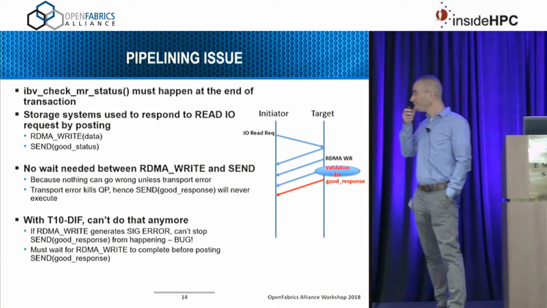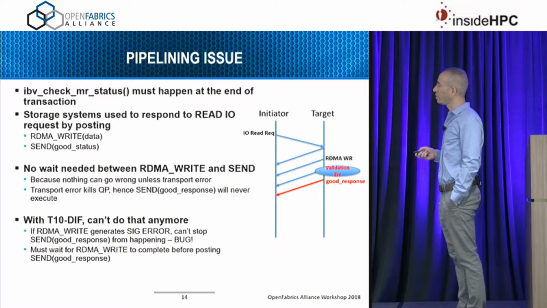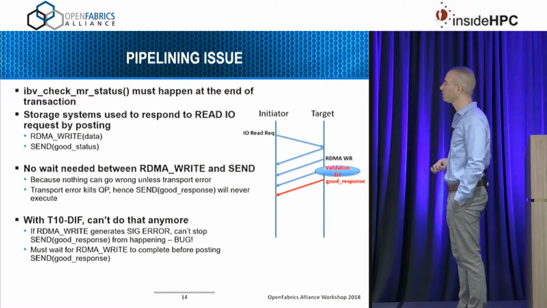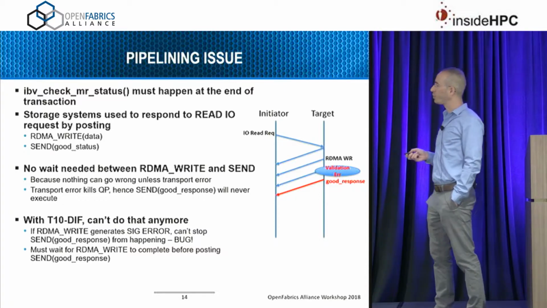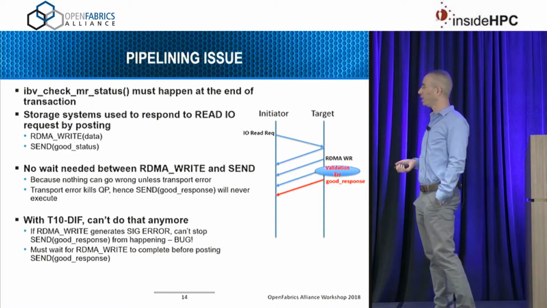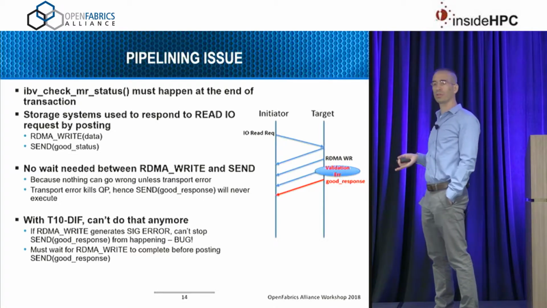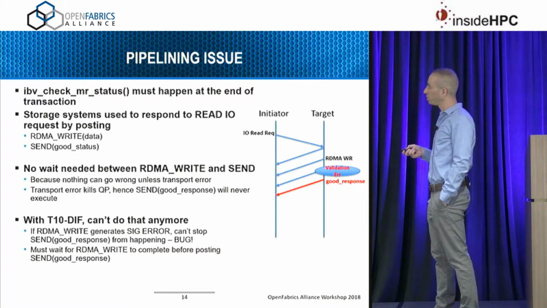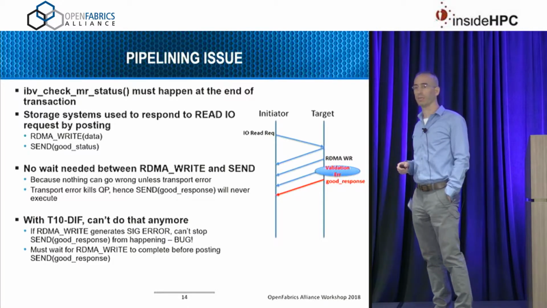But in our case, some validation can fail along the way, in case we read the data from the target memory with a signature and send it to the initiator, either with or without the signature. When we perform the check here, we may fail. And as I said, it's not a transport failure, so the QP will not change state and will continue and process this good response work request element wrongfully.